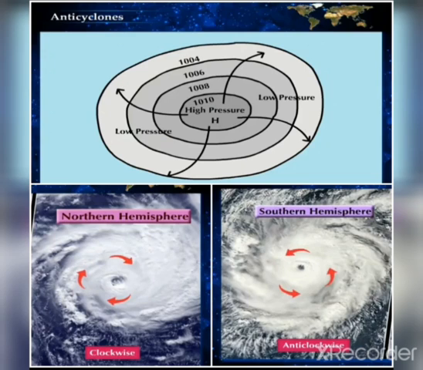Anticyclones. Under specific atmospheric conditions, the air pressure in a particular region increases and the pressure in the surrounding areas remains low. In this situation, winds blow from the center towards the surrounding areas in a circular manner. In the northern hemisphere, these winds blow in a clockwise direction, whereas in the southern hemisphere, they blow in an anti-clockwise direction.